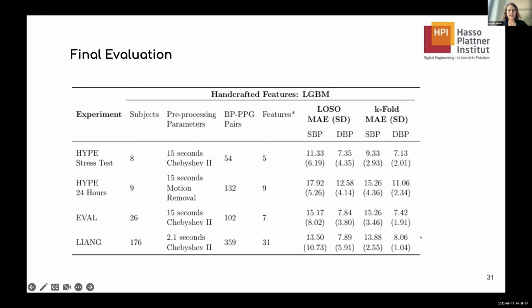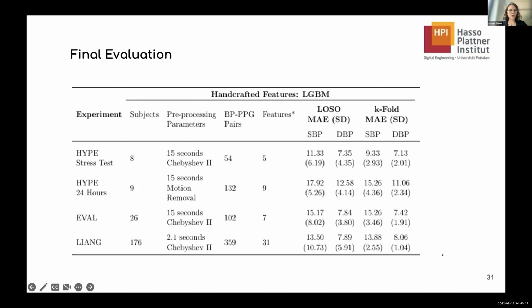And clearly you can see that the mean absolute error goes down, and especially the standard deviation goes down. Some people call this a calibration procedure. They say that if you have a bit of data from each individual, you can improve your models. But in general, we prefer to use leave-one-subject-out validation to make it more robust.